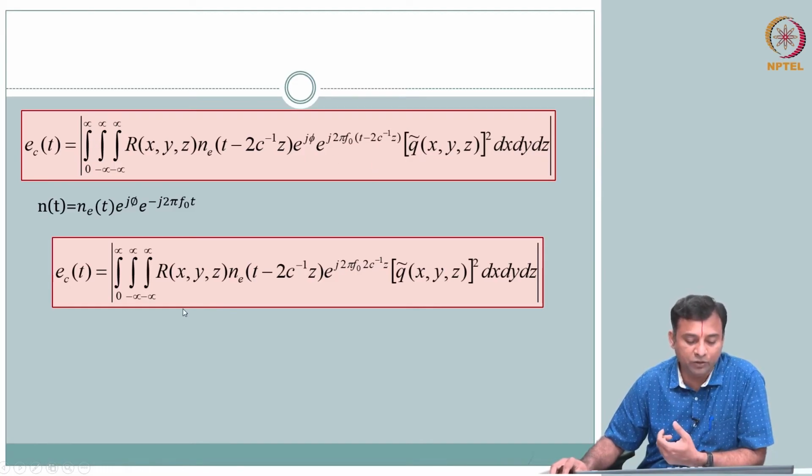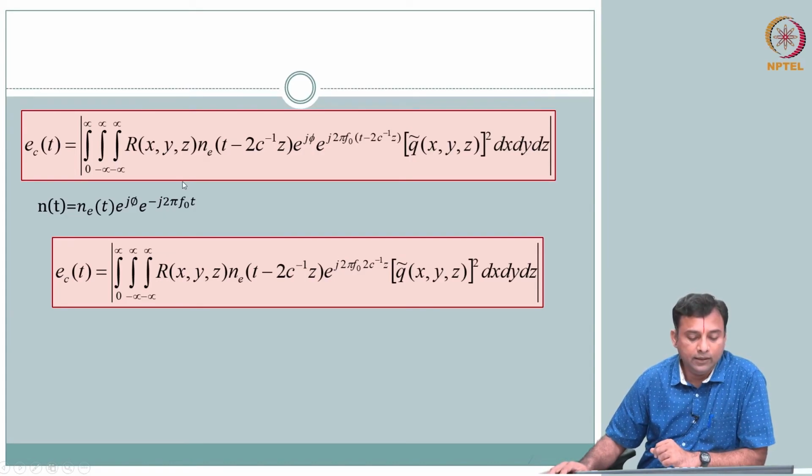So, you do not have to worry about that. Essentially from here to here, we have recognized that for any exponential that is not a function of x, y, z, you do not have to worry about it. So, e^{j phi} and e^{j 2 pi f naught t} are taken out. You are just left with the remaining.